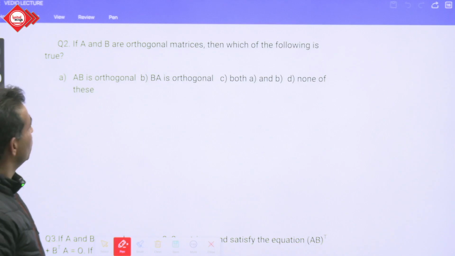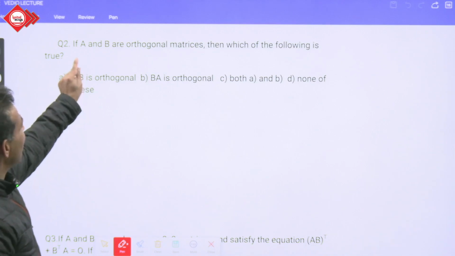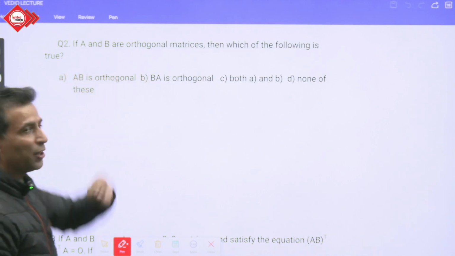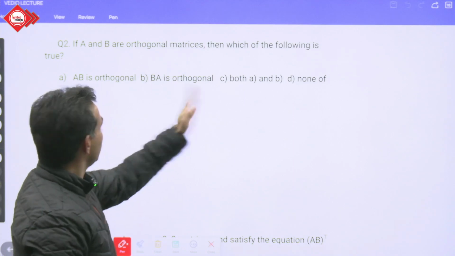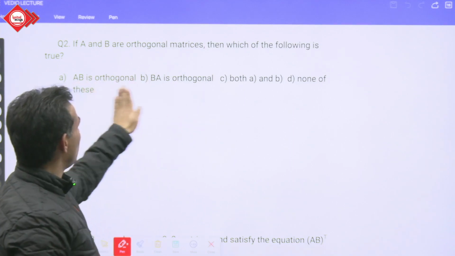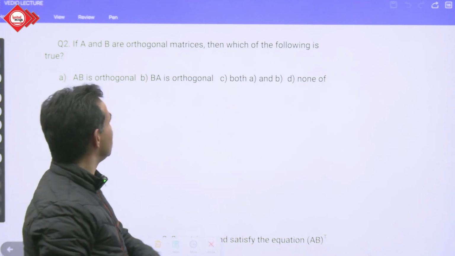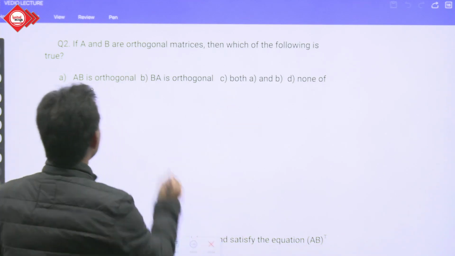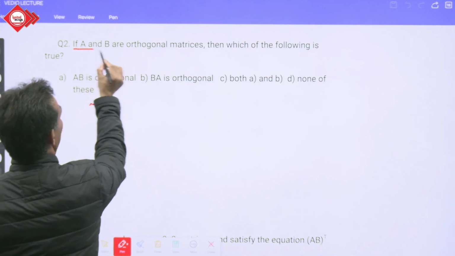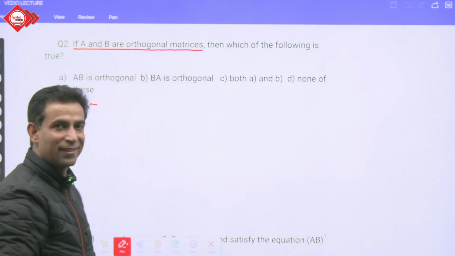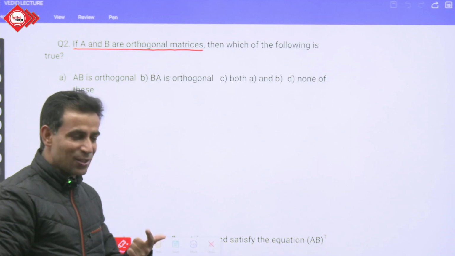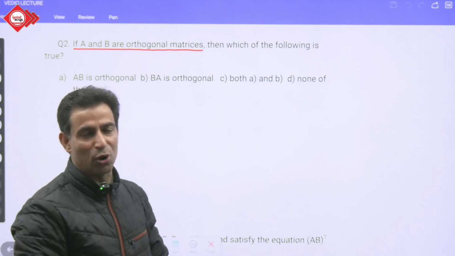In this MCQ, it is written that A and B are orthogonal matrices. Then which of the following is true? AB is orthogonal, BA is orthogonal, both A and B, and D is none of these. Let us take the condition of this MCQ into consideration. It says that A is orthogonal and B is also orthogonal.